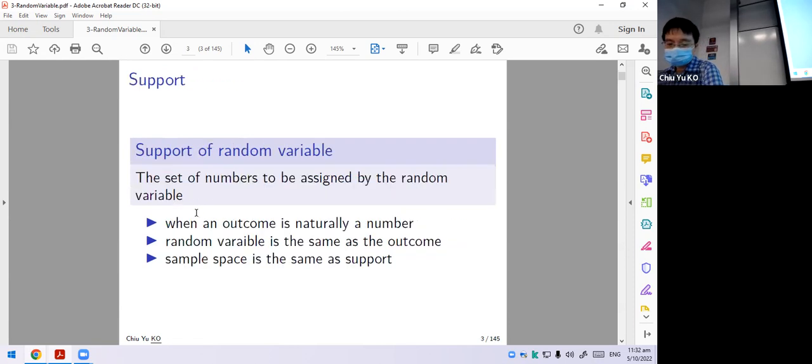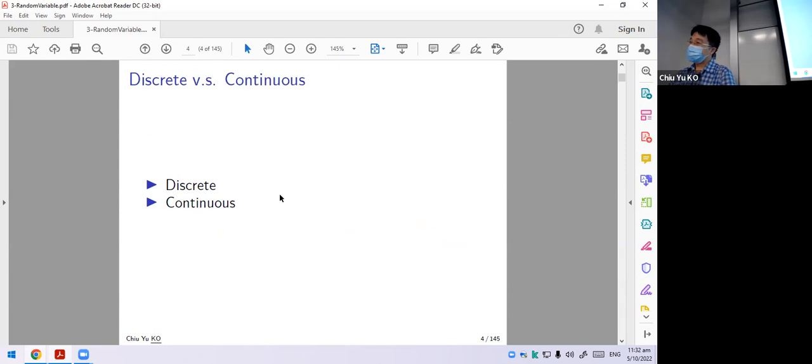And then, what are the numbers you can put in? It's called the support of the random variable. Based on the support, we can distinguish whether it is discrete or continuous. Discrete usually means integers, and for continuous we talk about real numbers, just like decimals.